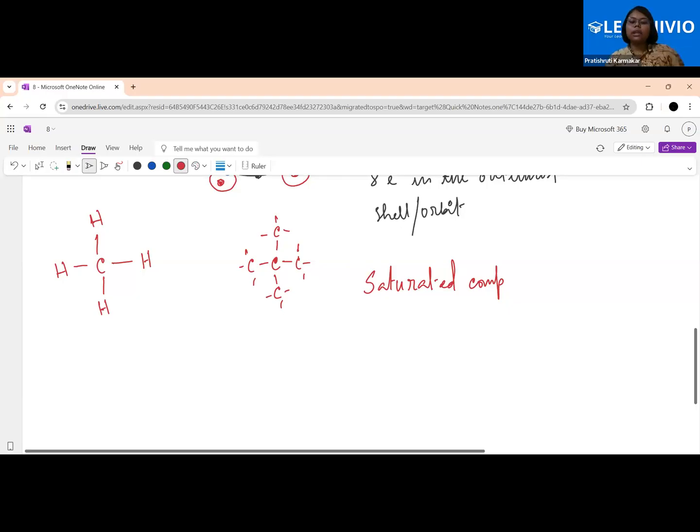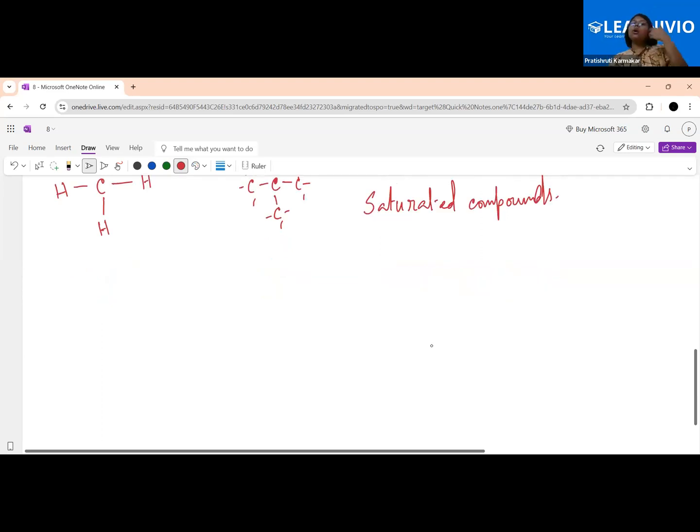An unsaturated compound is when there is a double bond or more. So in this case, let's say we have 2 carbons and each of the carbons can make 4 bonds.